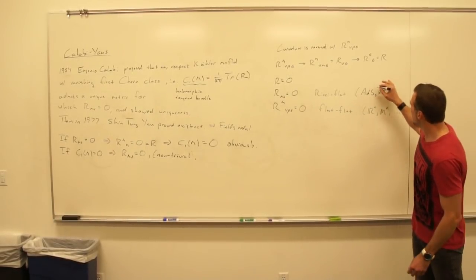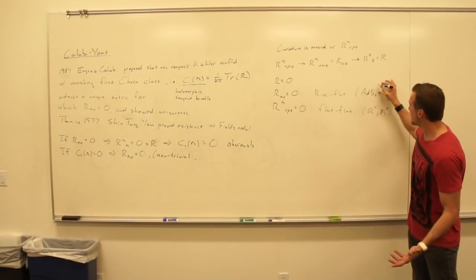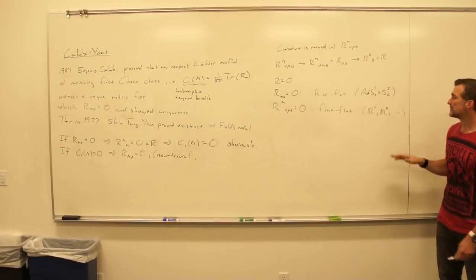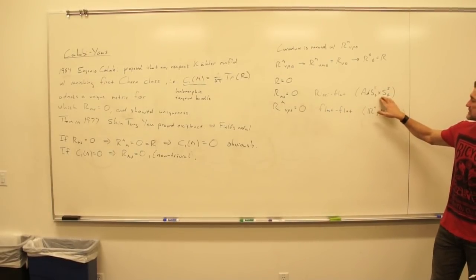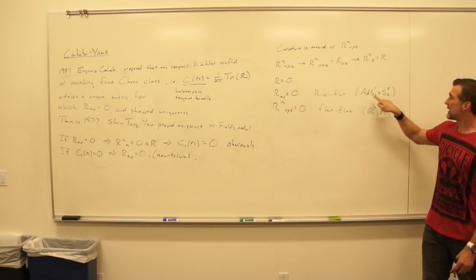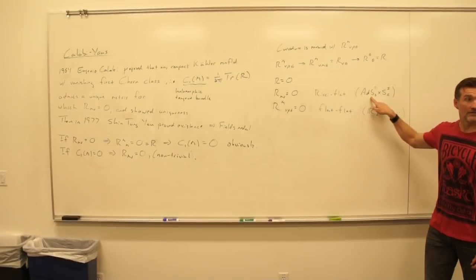Now I'm going to say this AdS space has a radius r, and what I mean by that is just basically the size of the curvature. So now what I have in mind is that I have a space with positive constant curvature r, and I have a space with negative constant curvature, negative r.